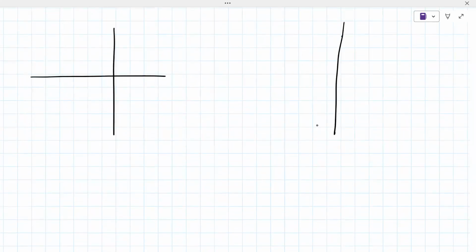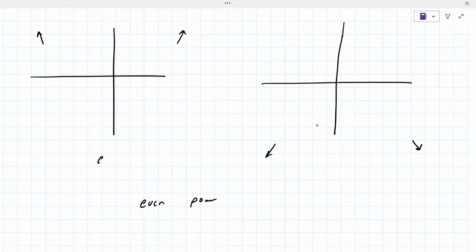If it's an even power, it starts high and ends high, or it starts low and ends low. This is a greater than 0. This is a less than 0. And a is the leading coefficient. So that's what this problem is really testing. Do you know the 4 graphs? And here's 2 of them.